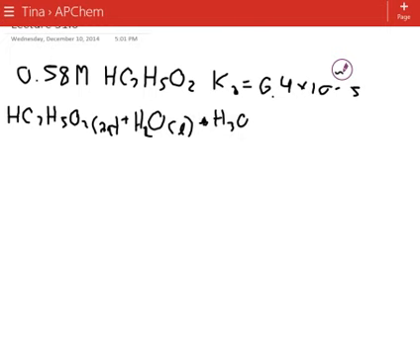Since this acid is a strong acid, it dissociates completely, so the H is taken off and it's added to the H2O to create H3O. And because of that, the conjugate base would be C7H5O2 aqueous, and H3O is also aqueous.